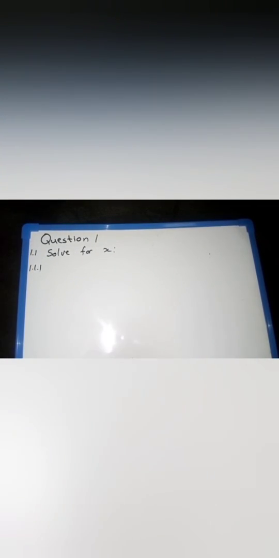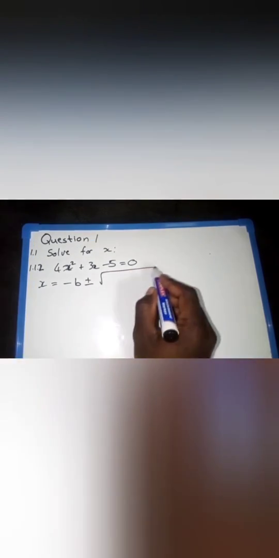All right, now we're moving to question 1.1.2, and you're also given a quadratic equation. You have to solve for x, so you have to use the quadratic formula. We know our quadratic formula says x is equal to minus b plus minus square root of b squared minus 4ac, divided by 2a.